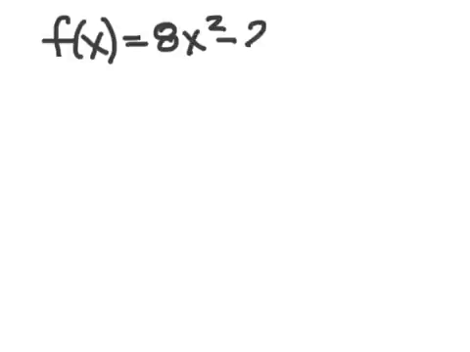Here's another example. This one is f of x equals 8x squared minus 2x plus 10. So where do I start? Yeah, we go to the 10. And all of its factors will be possible roots of the equation.